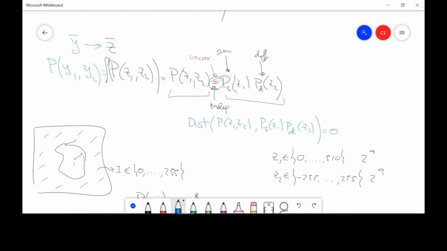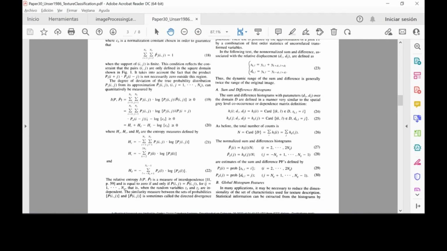What he's measuring is not the distance, but something that, if both are equal, you get 0. That is the information, the relative entropy. So this is called the relative entropy between P and P. Have you seen entropy before?